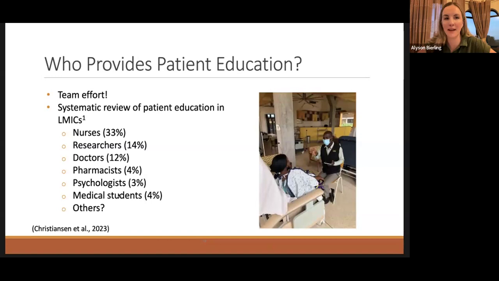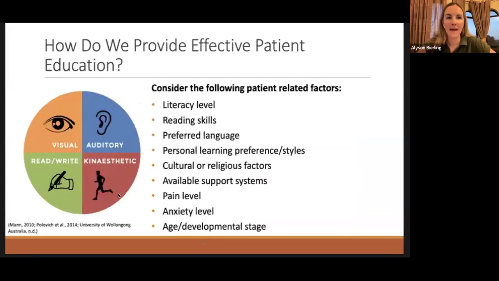So 33% of all patient education that was reportedly happening in these studies was done by nurses. But you can see various other team members also involved in patient education. So from doctors to researchers, the pharmacists, and medical students. So all of us can play a part in patient education.